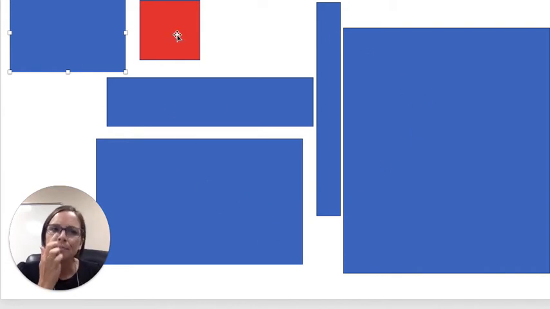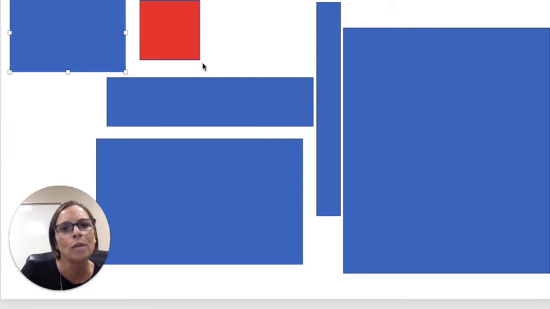If this is a square, we should see if it has any straight sides. I think it does. Let's count them. 1, 2, 3, 4. 4 straight sides, just like a rectangle. Let's count its vertices. We know a rectangle had 4. 1, 2, 3, 4. A square has 4 vertices also.